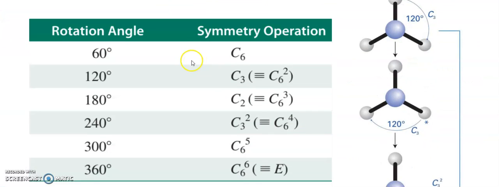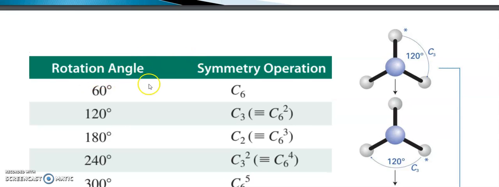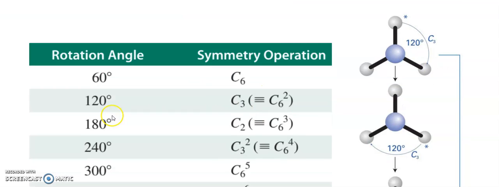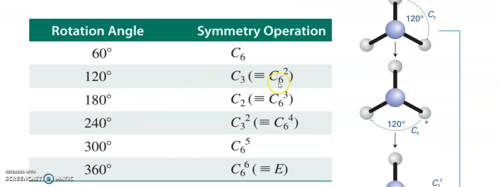So you can see here rotation angles and symmetry operations. 60 degrees means you did a C6 rotation. 120 degrees, you did either C6 2 or C3. 180 degrees, either C2 or C6 3. 240 degrees, C3 2 or C6 4. 300 degrees, C6 5, and 360 degrees, C6 6, which is identity.